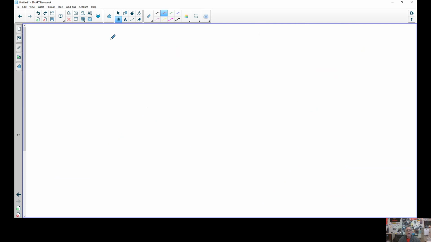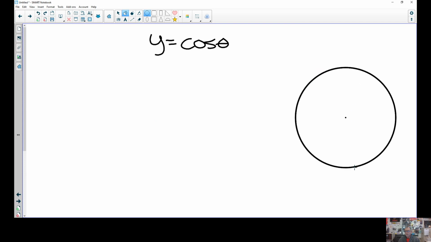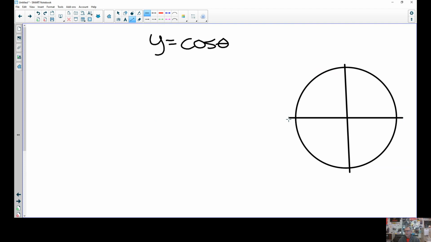And let's do the same thing again, looking at y equals cosine theta. With y equals cosine theta, again, I'm going to create a unit circle for us real quickly so that we can talk about the values of cosine as we go around. When we're dealing with cosine, again, we start with our 0.